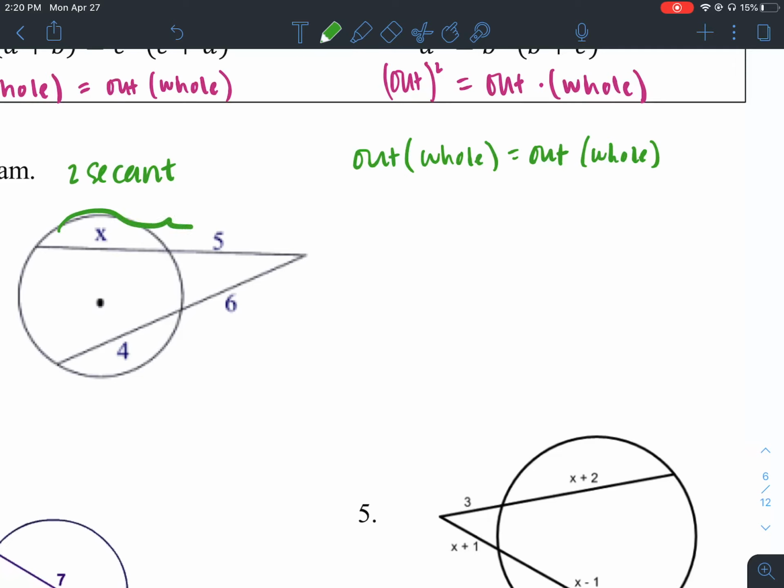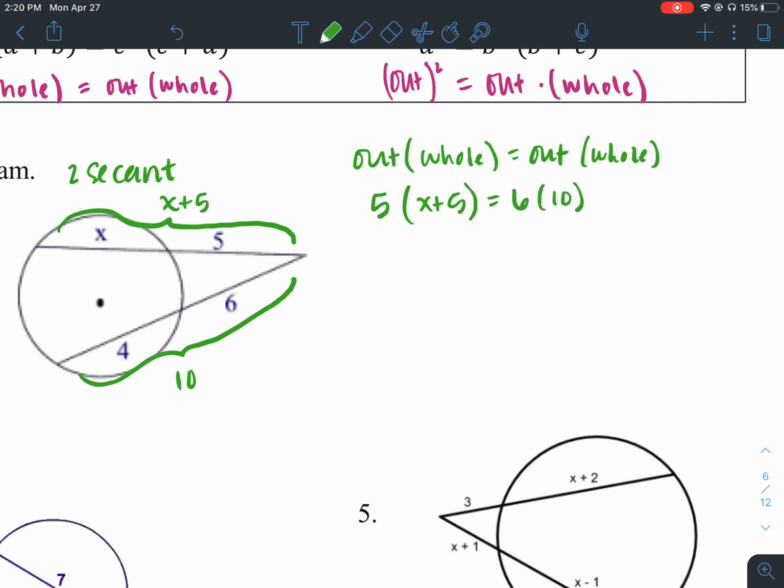So I need to think about how would I describe the distances for the whole thing. And on the bottom segment, that's a little easier. That whole thing is just 10. Top is a little bit more involved. That's going to be x plus 5. So when I go to set this up, I'm going to have 5 times x plus 5 equals 6 times 10.